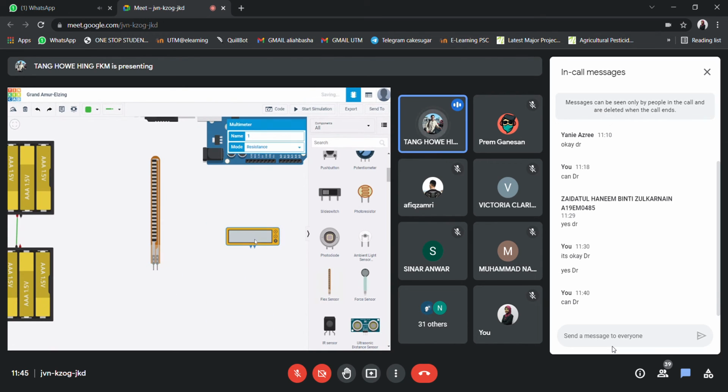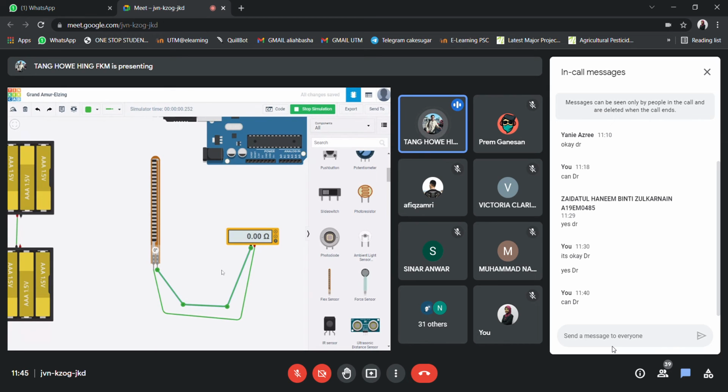For this flex sensor, if I connect it here, and then this one to here, you can see that at 0 degrees I get a resistance of 30 kilo ohm. But if I bend the sensor to 27 degrees, I get 39.